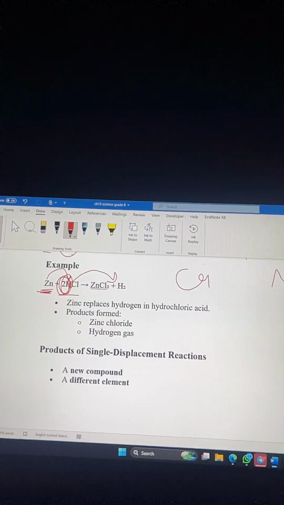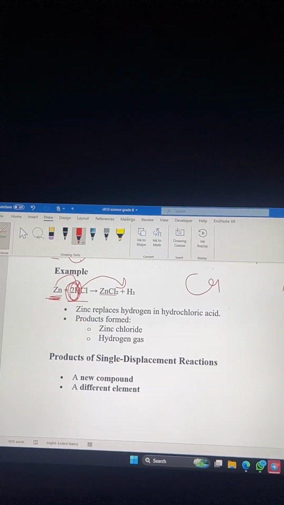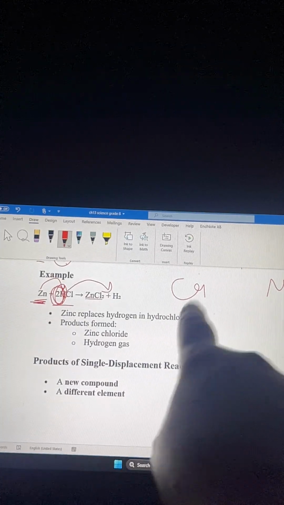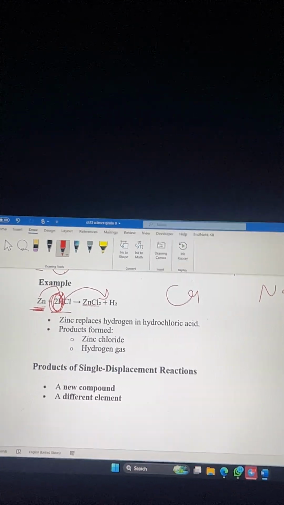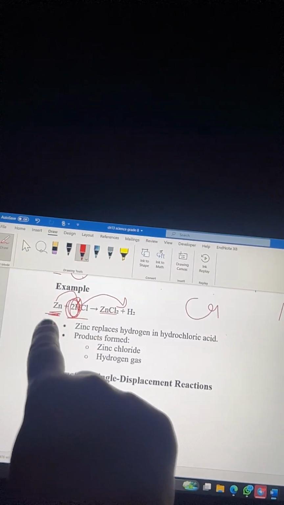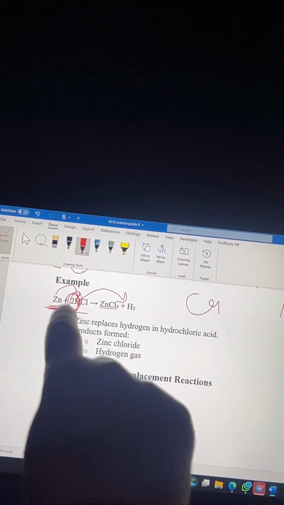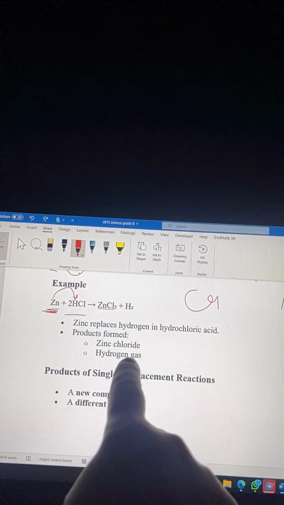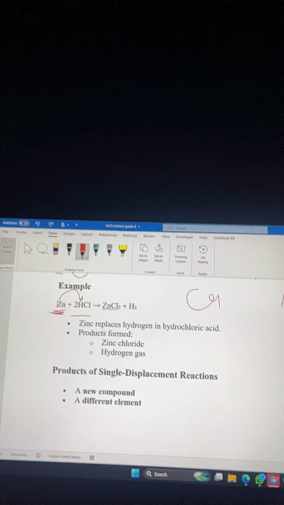So what we explained in this example is that zinc replaced hydrogen in hydrochloric acid. Look, this is one element and this is a compound. So one element replaces another element in the compound. That's the definition. So the products are hydrogen gas and zinc chloride.